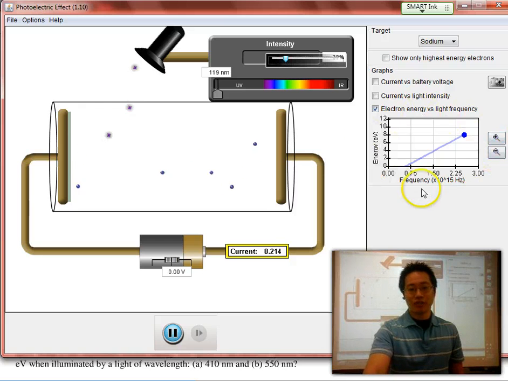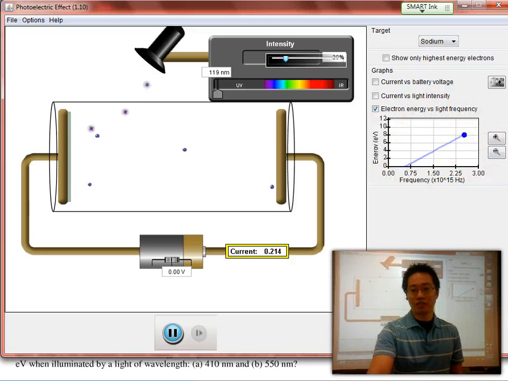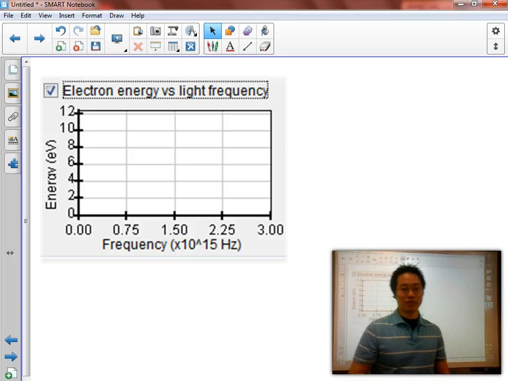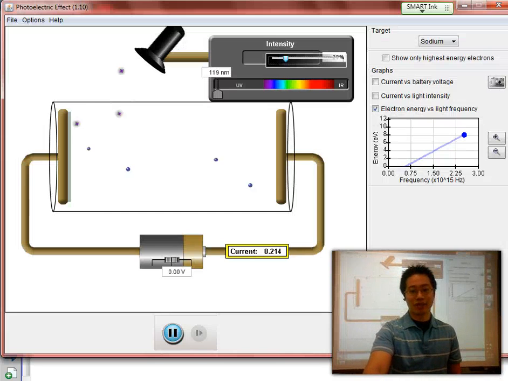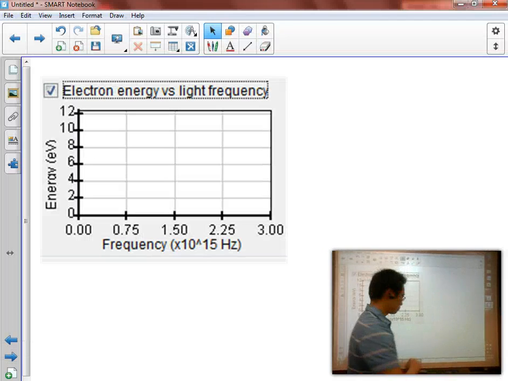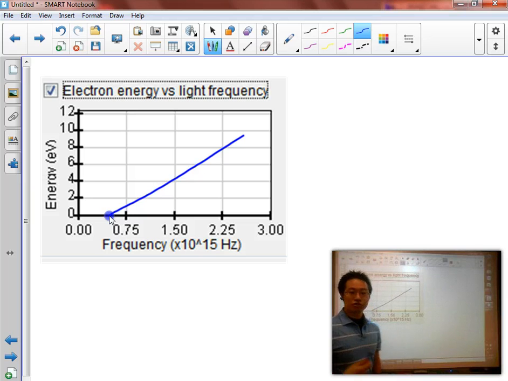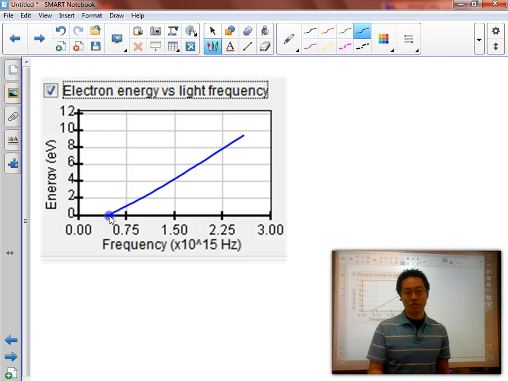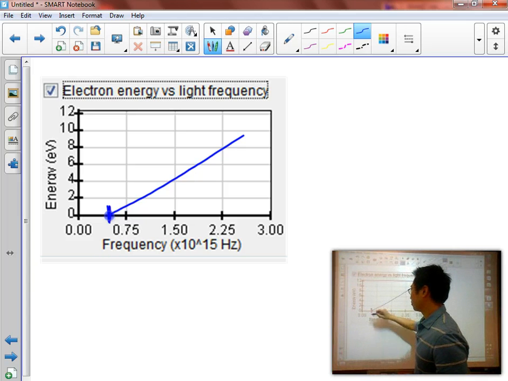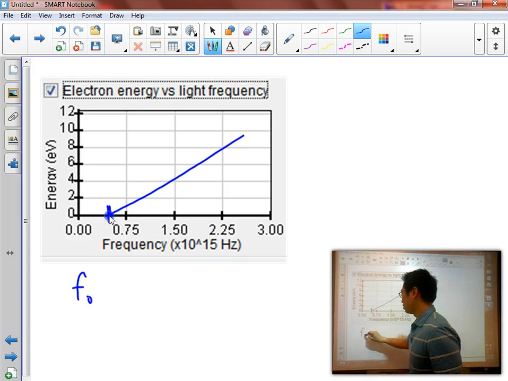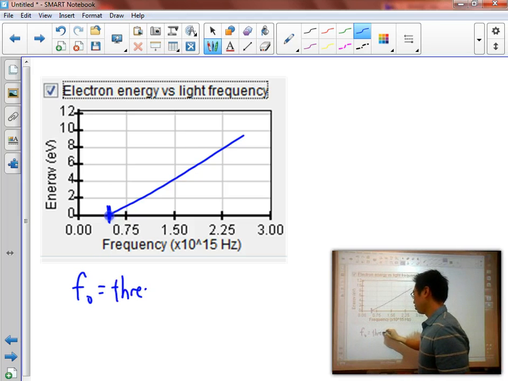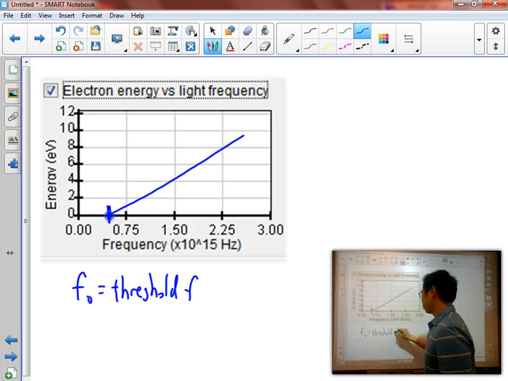Keep in mind this graph. In fact, let's take a look at this graph again, as compared to before. In this graph, they noted that there was a certain minimum frequency needed to knock an electron out. We had previously called that the threshold frequency.